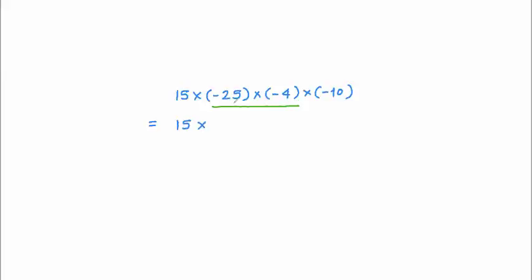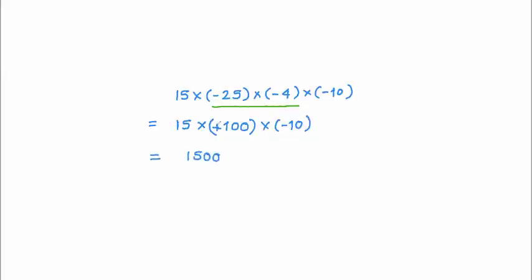Let's multiply the weights. 25 into 4 gives us 100, and two negative numbers, that is an even number of negative numbers. An even number of negative numbers gives a positive sign to the answer. So plus 100 multiplied by minus 10. And now we can multiply 15 into 100 is 1500.